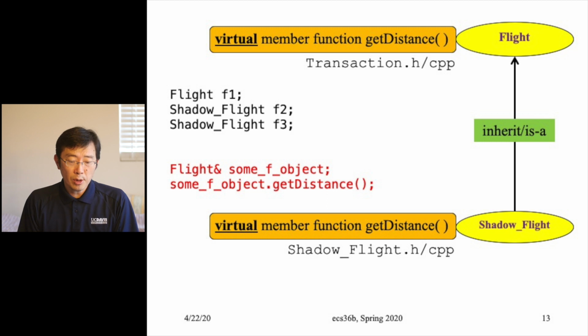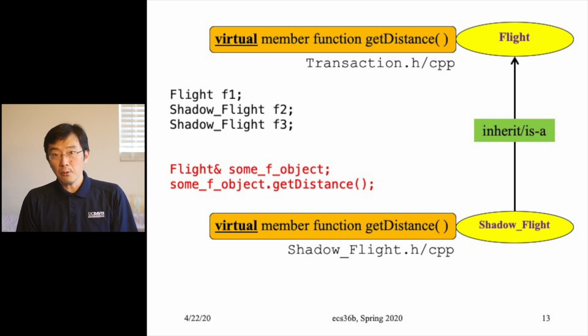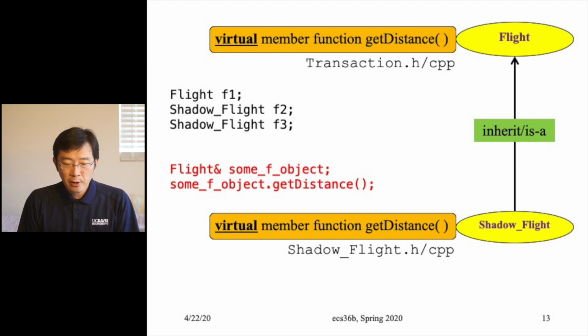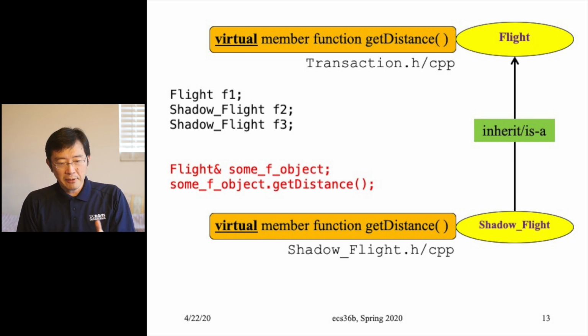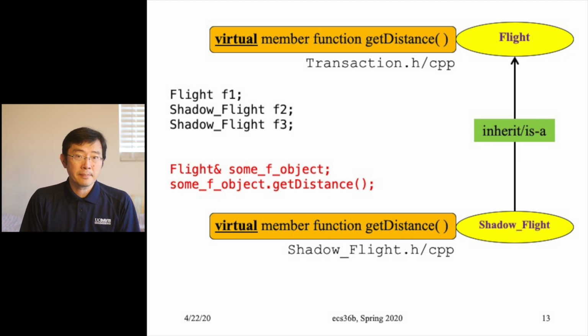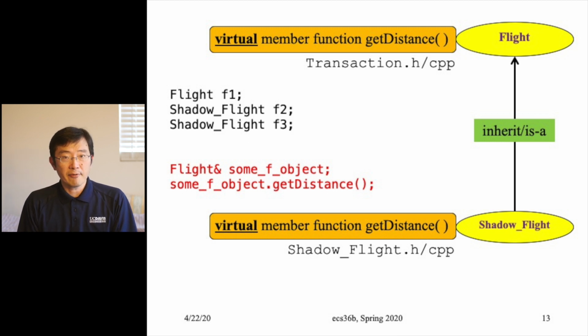All right, so now I have this piece of code. With this, now we're trying to say, well, which one it will execute. So you can see that I also have 3 objects created here. The first one is a flight, F1, which I created using flight. And the second and third are both what I call a shadow flight. It's a subclass of the flight, as you remember.